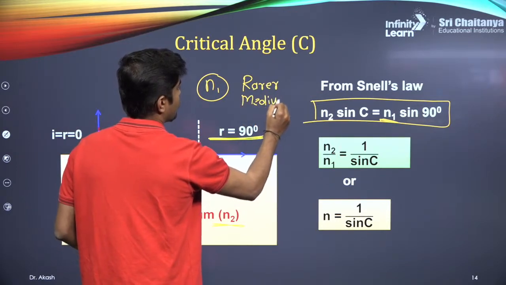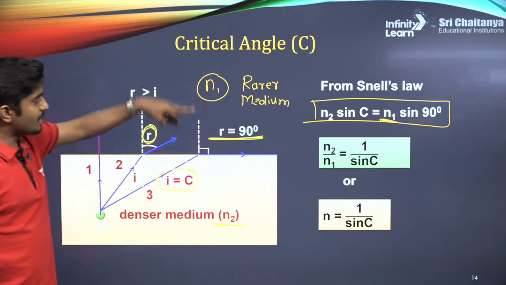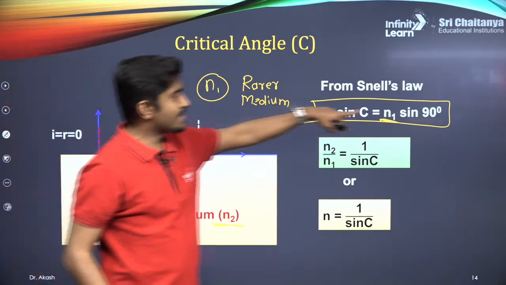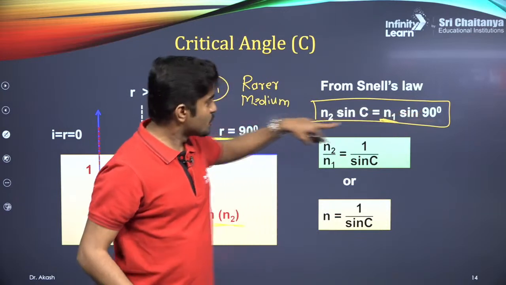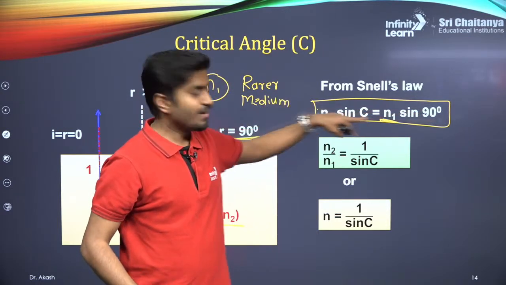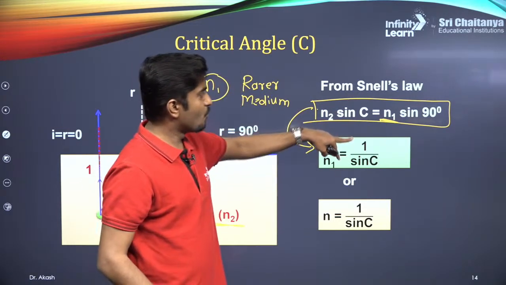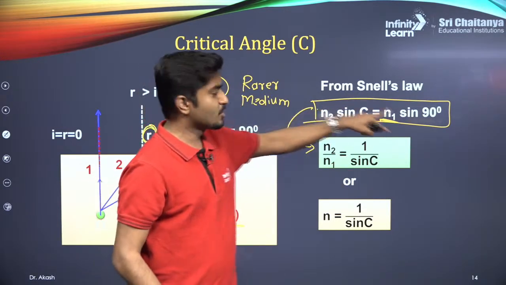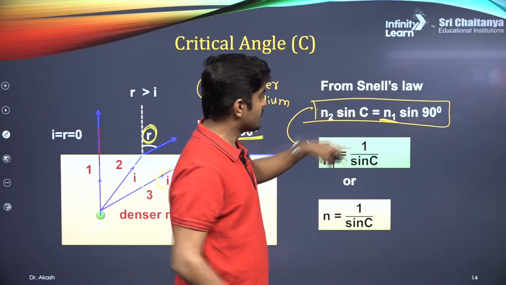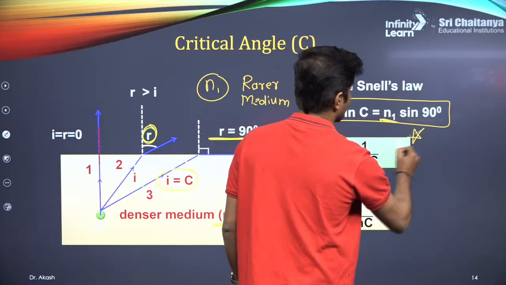This is a rarer medium. So N1 multiplied by sine 90, but sine 90 we know is 1. So we get N2 divided by N1 is 1 by sine C. Take this sine C to the other side, sine 90 is 1, so you will get this ratio.